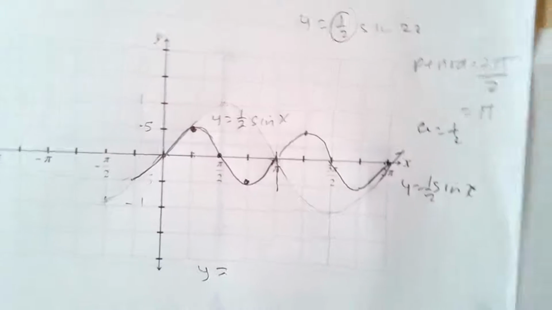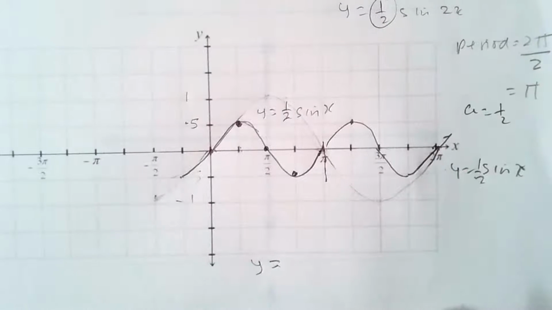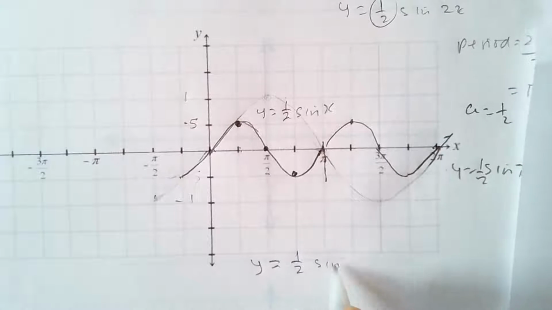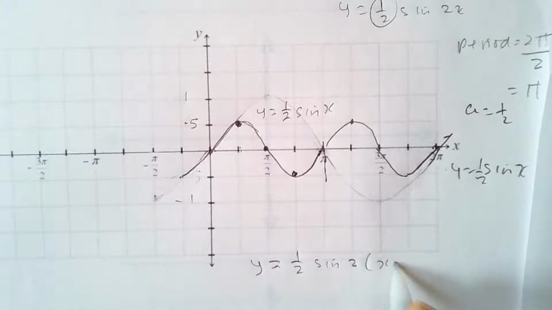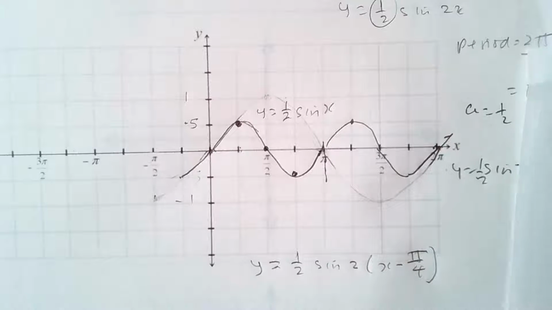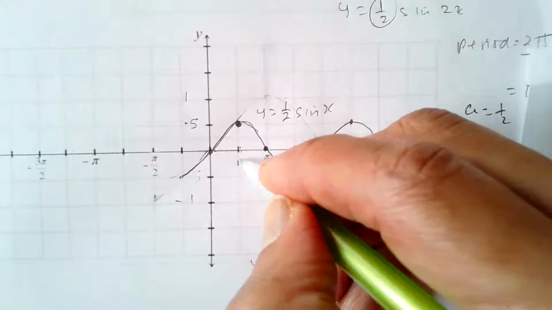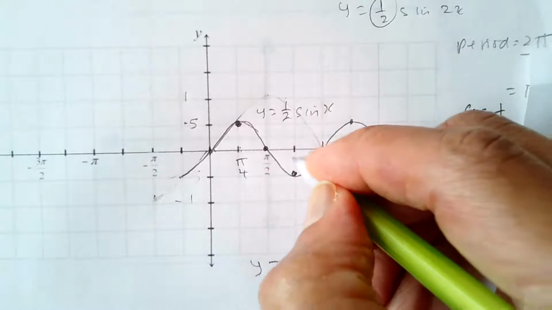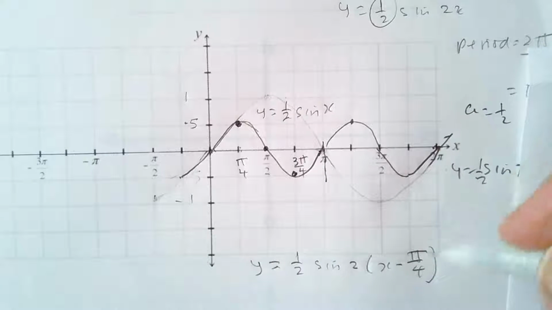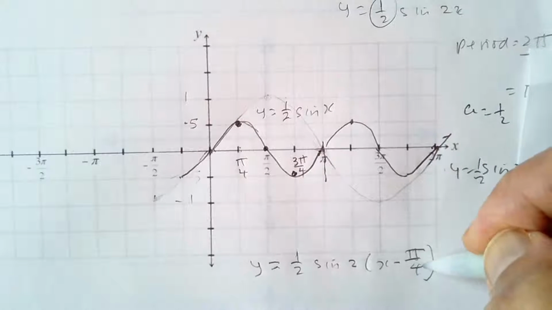So now I need an equation. y is equal to half sine 2 into x minus pi over 4. So this is pi over 4 here. So we have 3/4 pi, etc. So basically it will be the same.